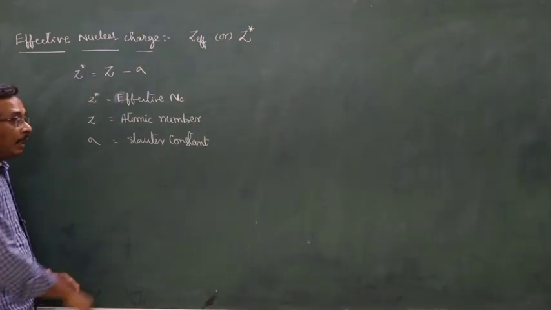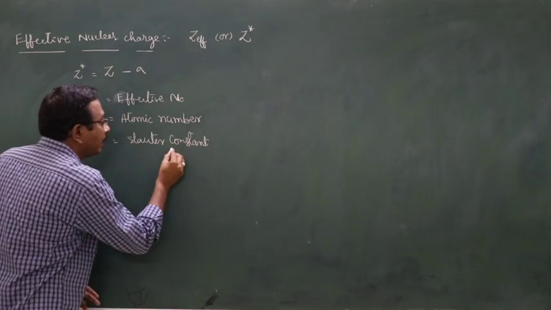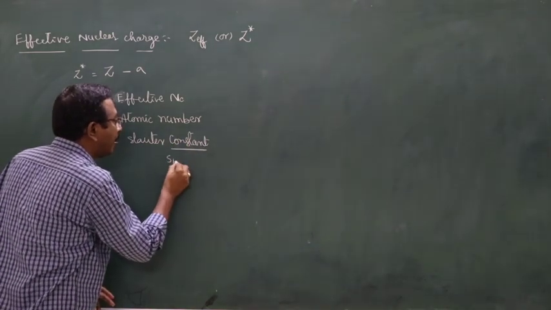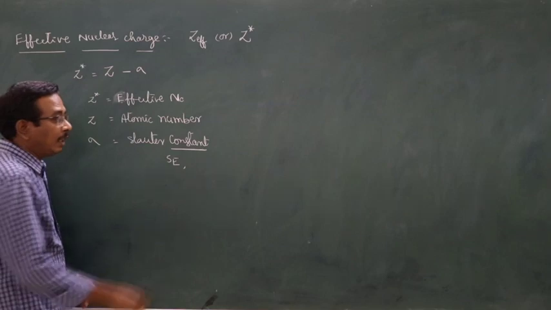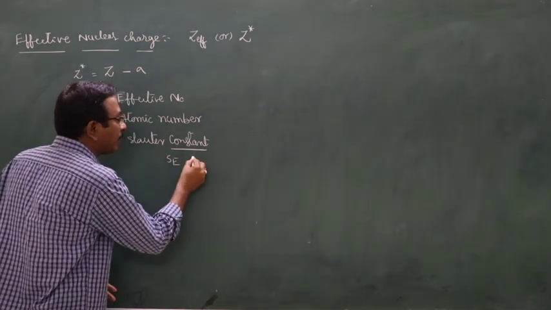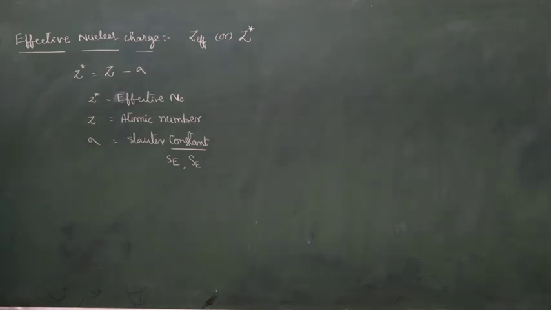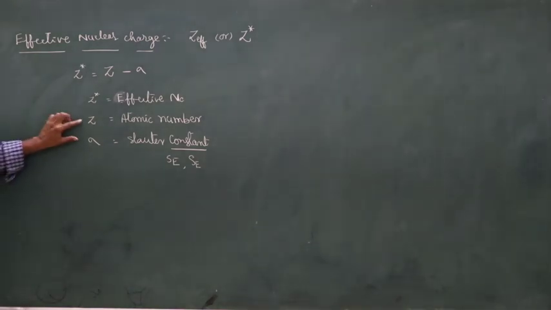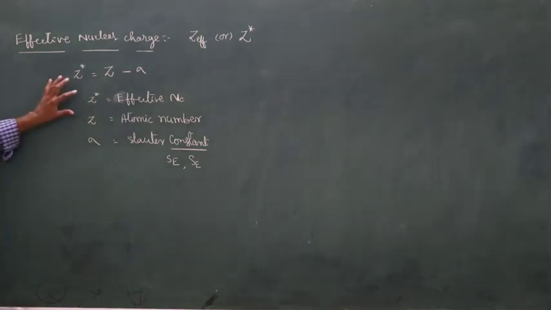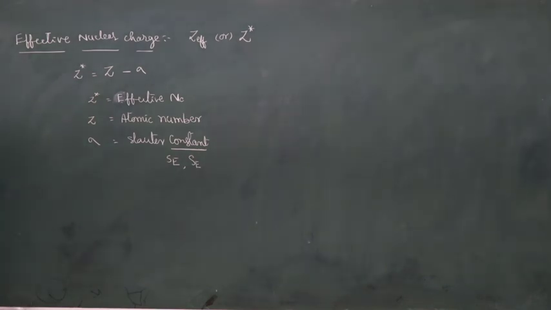Here the Slater constant is also represented as screening effect, and that we can also represent as shielding effect. Whatever it may be, it is the same: Slater constant or screening effect or shielding effect. And Z is equal to atomic number, and Z star is equal to effective nuclear charge.